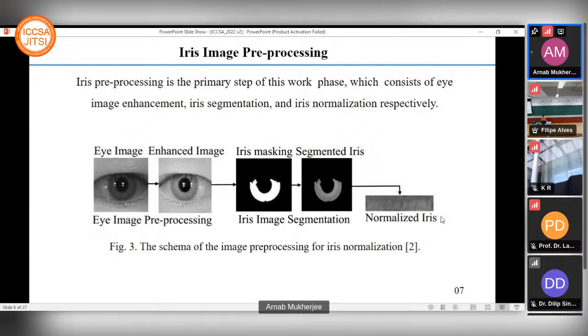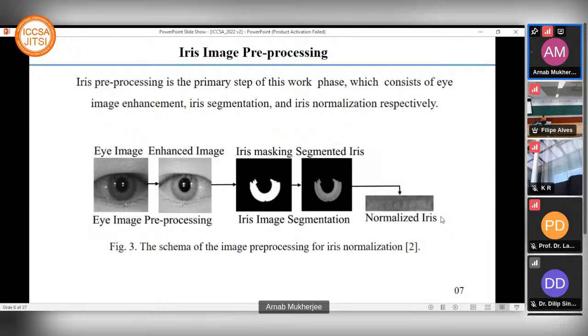And then the Random Hough transform algorithm is used to segment the iris region through a set of post-processing steps. Finally, Daugman's rubber sheet model is followed to normalize the segmented iris by performing a map from Cartesian coordinates to polar coordinates, due to human iris variation.